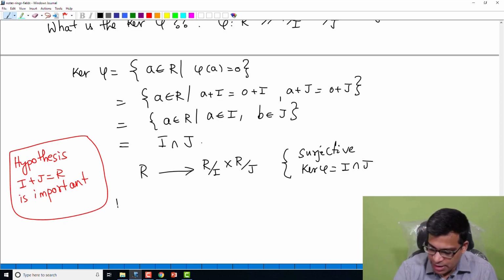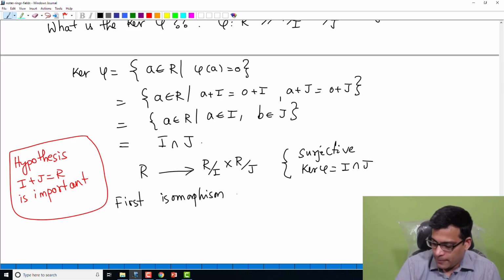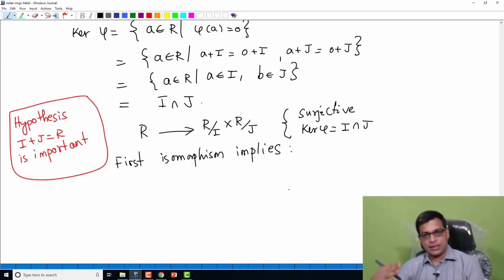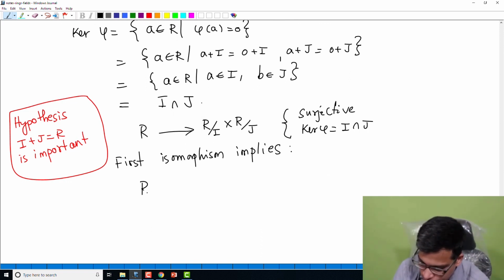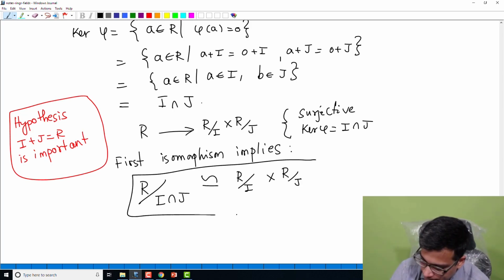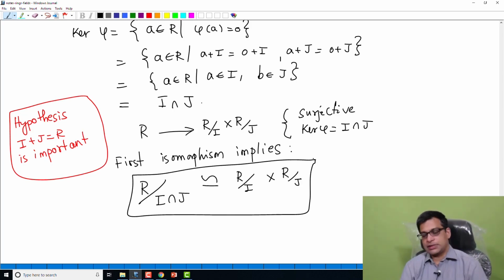Now, what does the first isomorphism theorem say? So, I want to complete this circle of ideas by stating the implication of first isomorphism theorem. You have a ring homomorphism which is surjective and its kernel is I intersection J. So, R mod I intersection J is isomorphic to R mod I cross R mod J. So, this is a very important statement that we will sometimes use.